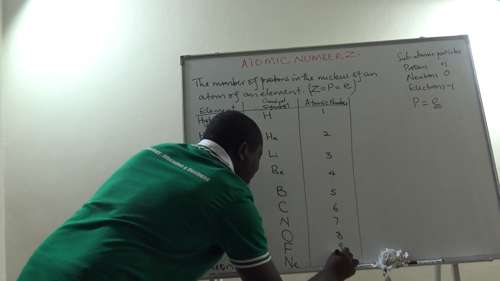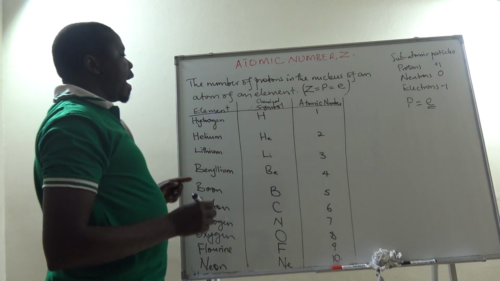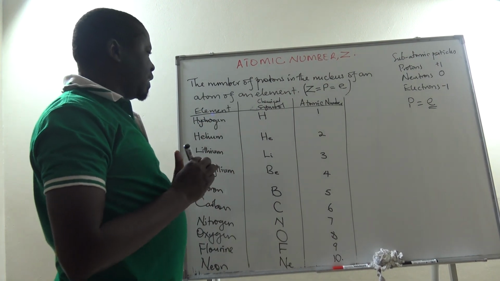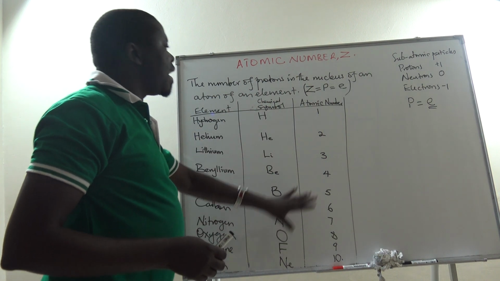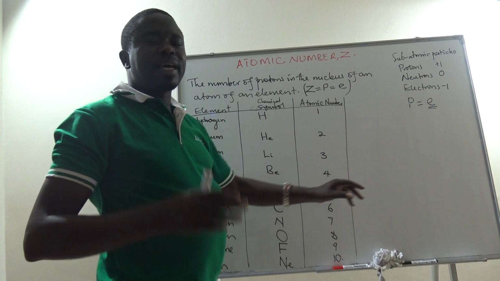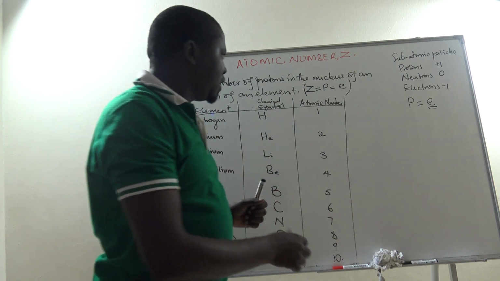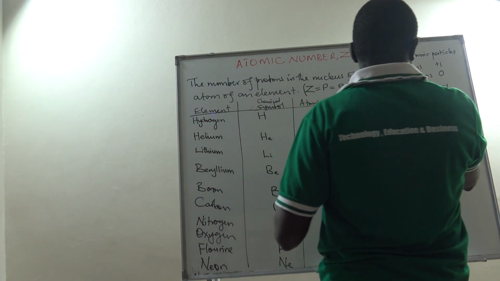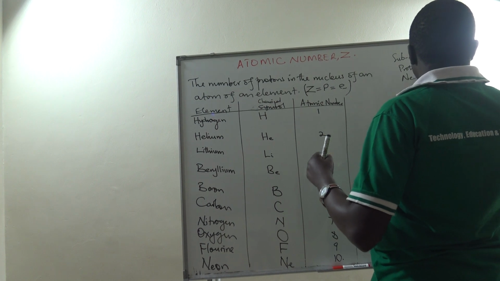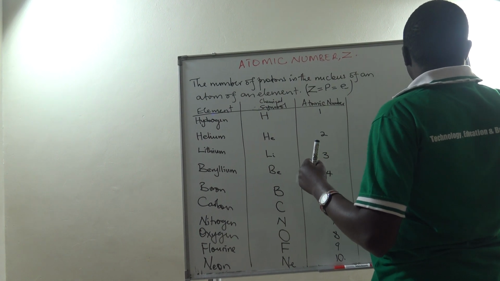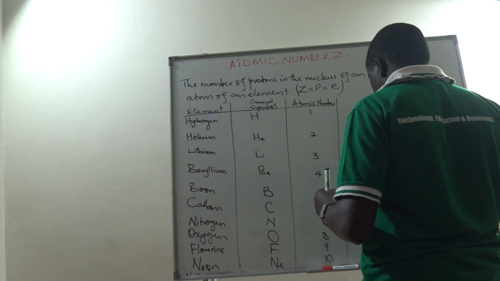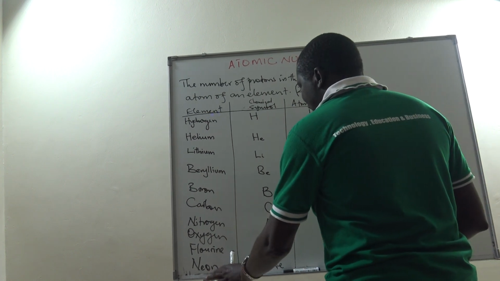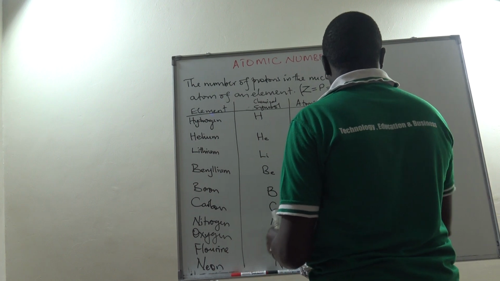It is number 10. So I expect you as a candidate to be able to master the first 10 and the next 10. That is from number 1 up to number 20. So let me use this part here to go ahead and write down the next 10 elements in order of atomic number from number 11 up to number 20.